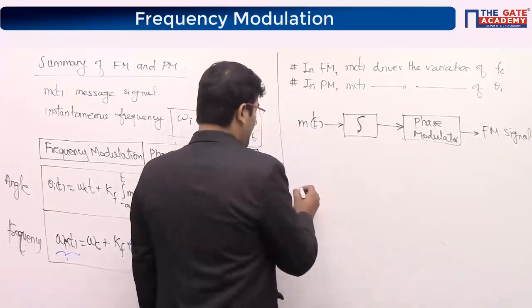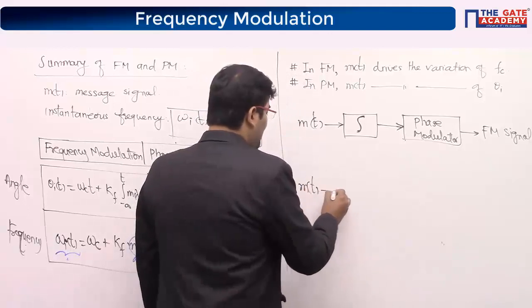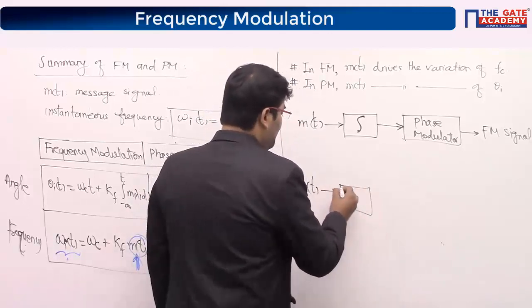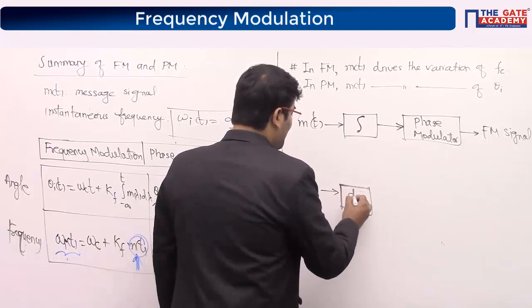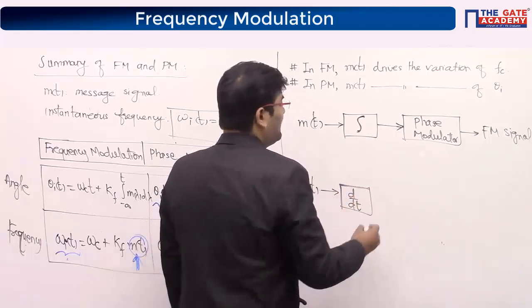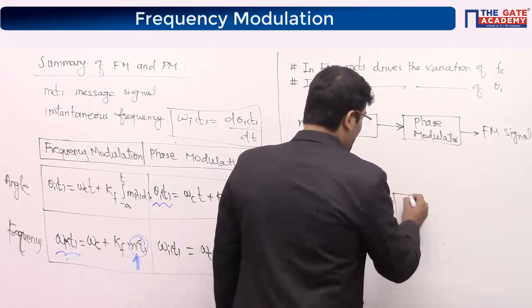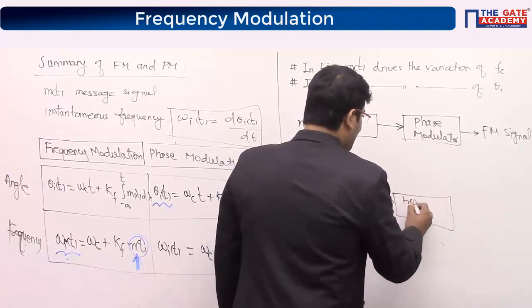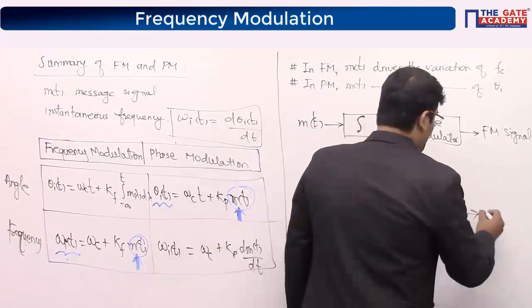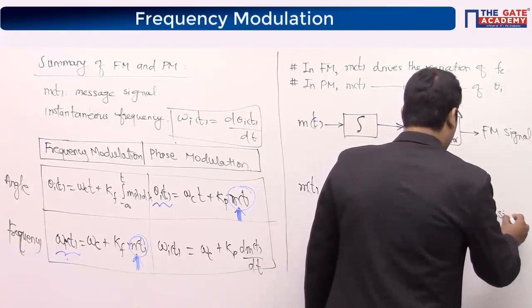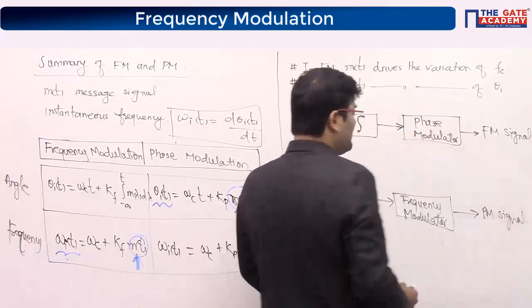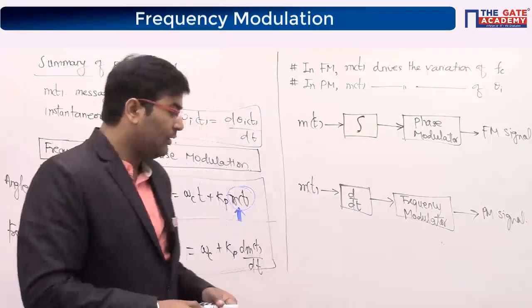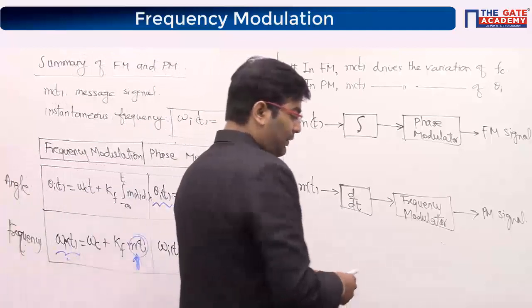And if you take the message signal m of t, rather than giving it to an integrator, you give it to a differentiator d by dt, and then you take it to a frequency modulator, you get a PM signal. Now, how is it working out? Let's see, let me take my time.